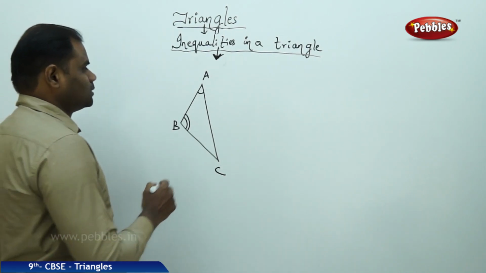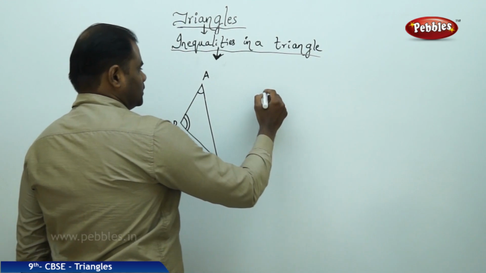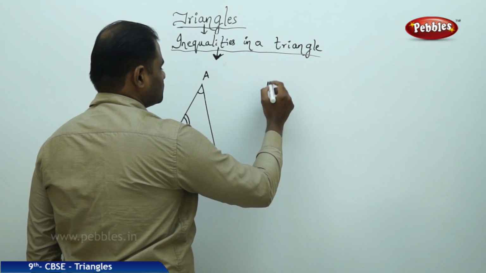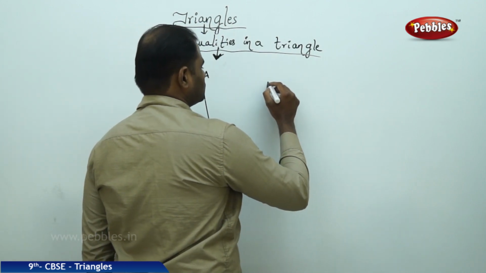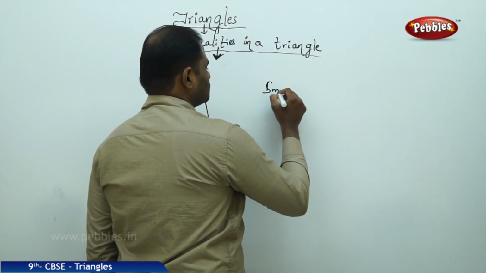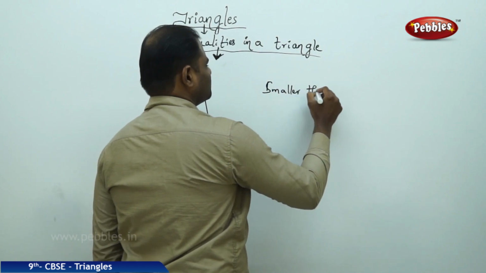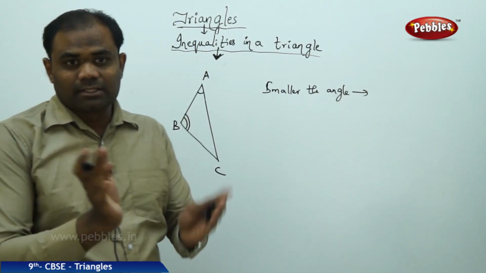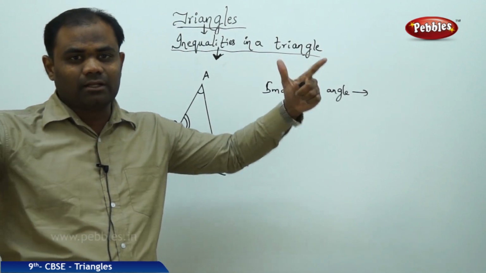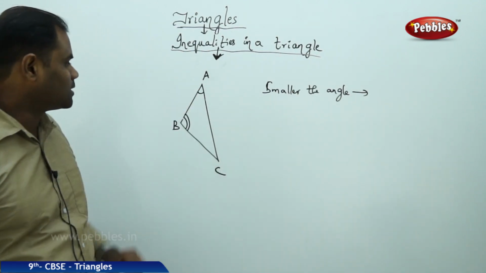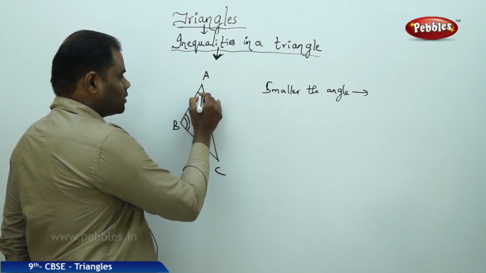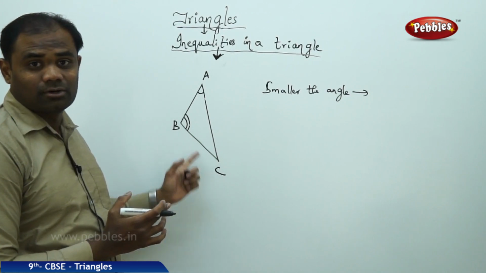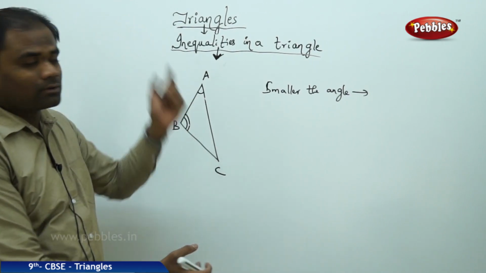Therefore, the property here says that the side, smaller the angle, smaller is its length of side. Larger the angle, larger is the length of its side. Therefore, this being a smaller angle, BC is the smaller side, and angle B being the biggest or the obtuse, AC is very long.